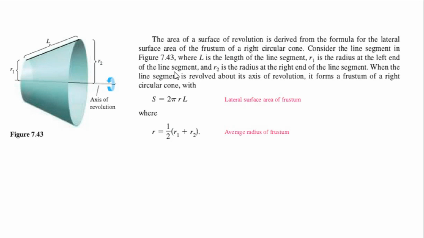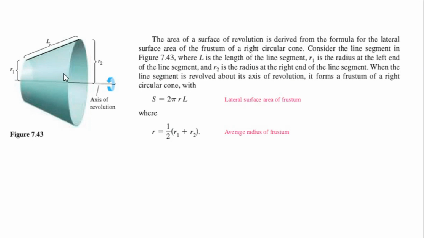Consider the line segment in figure 7.43, where L is the length of the line segment, R sub 1 is the radius at the left end of the line segment, and R sub 2 is the radius at the right end of the line segment.